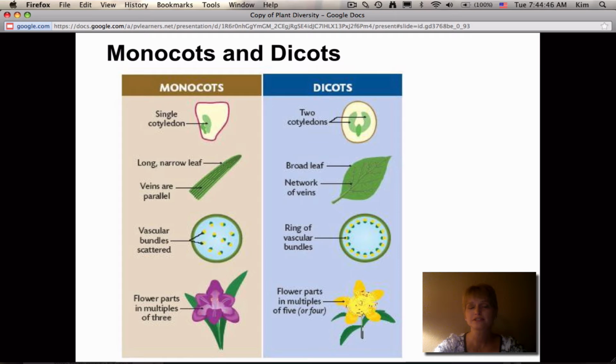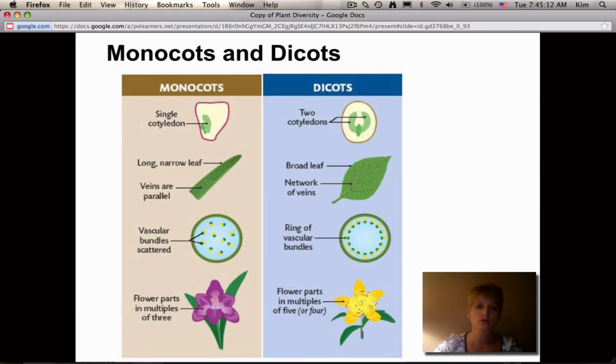And we have two different types of angiosperms. We have monocots and we have dicots. So monocots have a single cotyledon. So there's just one cotyledon. So mono means one, and cot stands for cotyledon. And monocots all have long, narrow leaves with parallel veins.